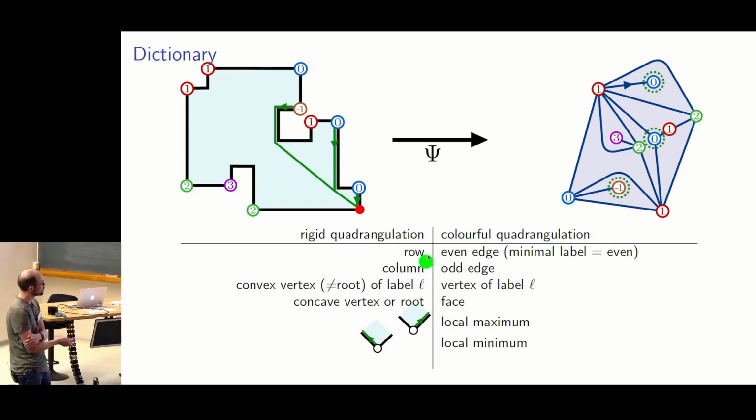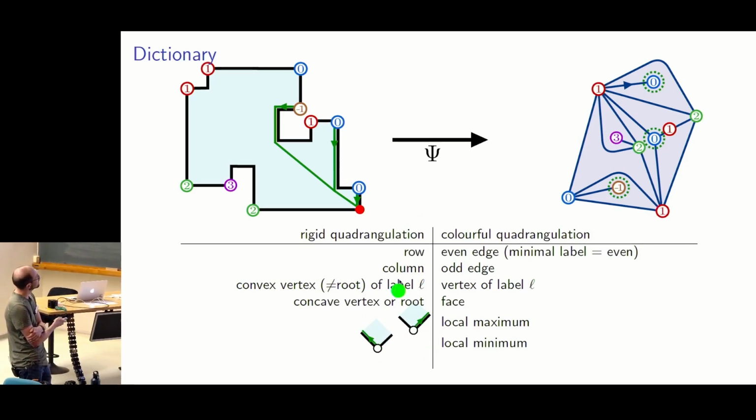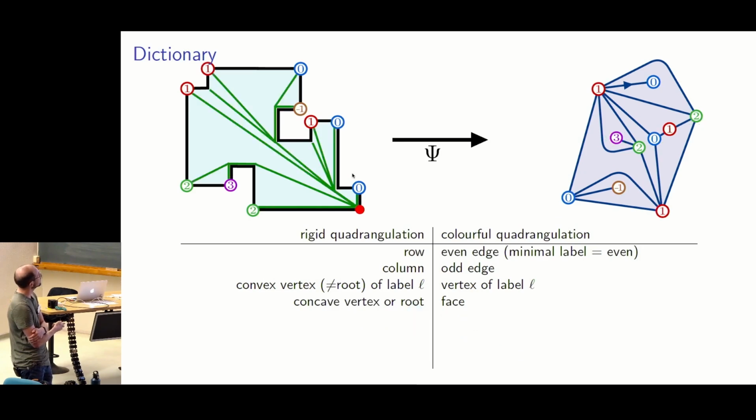And the local minimum, by symmetry, follows the boundary in a clockwise direction. So here are two examples. And then clearly the vertices for which the shortest path leaves diagonally are neither local maxima nor minima.